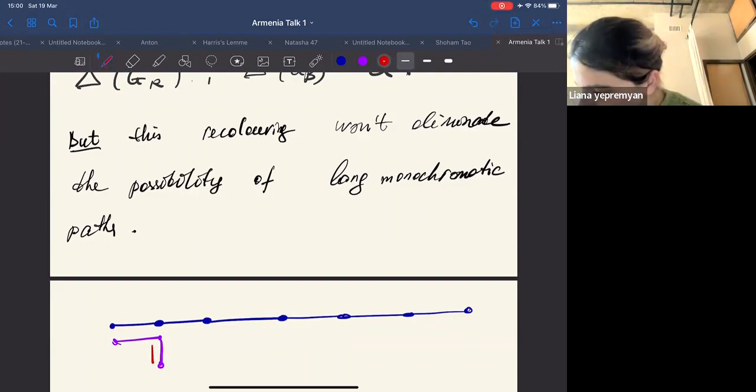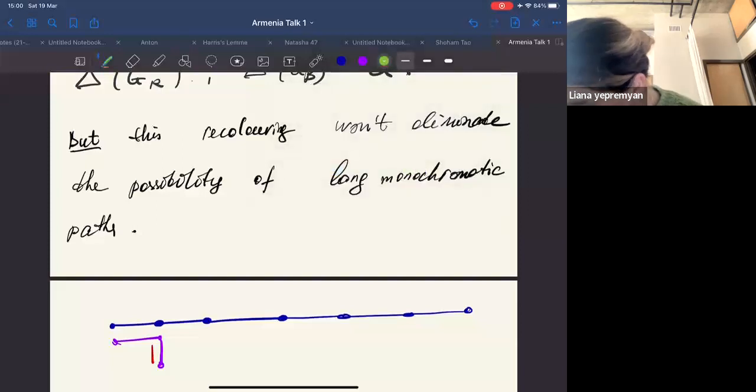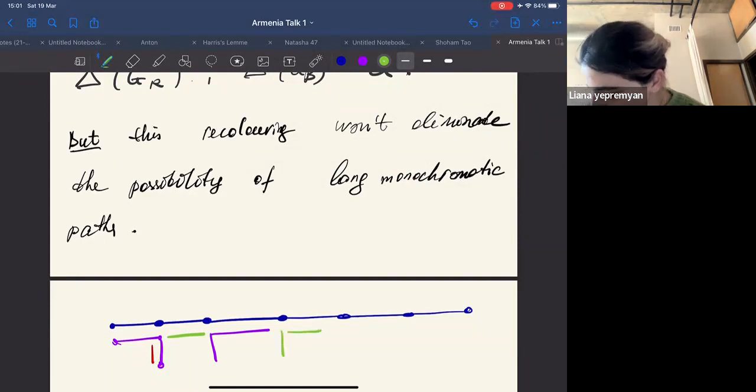And then the next one, it's blue. So maybe it must have been coming from some green path. And again, maybe it was a long path, maybe it was a path of length 1. And then this was another path and so on. So I'm trying to say that all these blue edges come from certain blue or red paths which look like this.